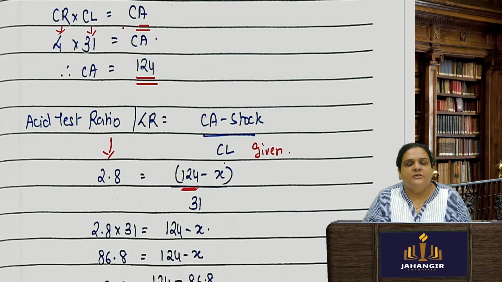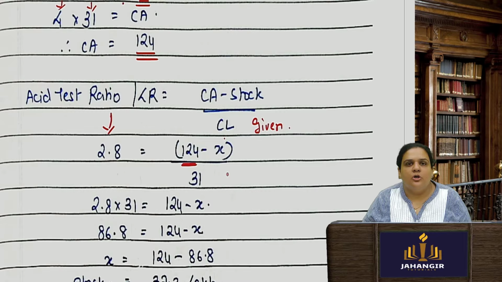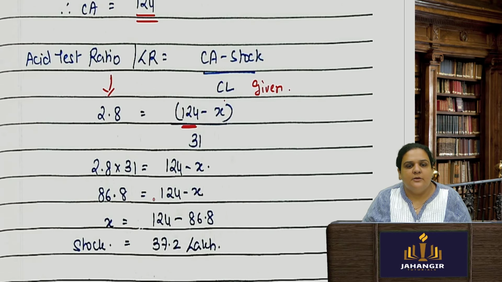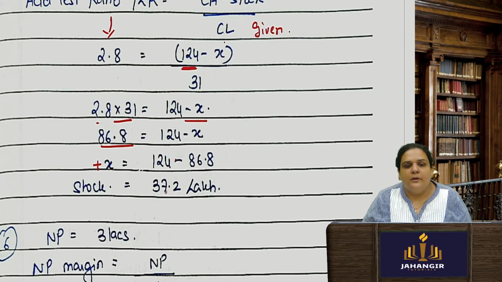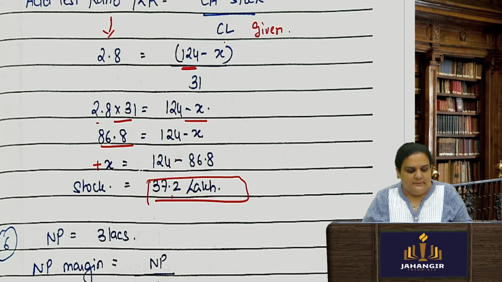Current assets we just found out 124 and assume stock to be X. Now solve this equation. 2.8 into 31 equals 124 minus X. Take X on the other side, it will become positive. 124 minus 2.8 into 31 is 86.8. So stock will be 37.2 lakhs.